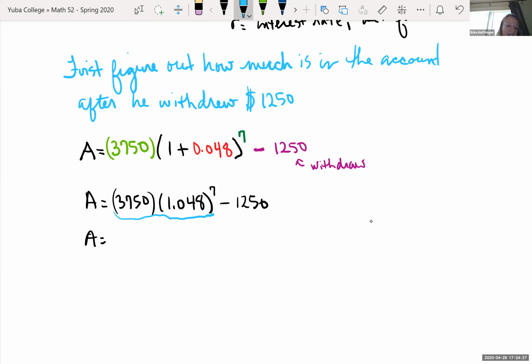After 7 years, they have $5,206.67. And then we have to subtract off the $1,250. So if you do that, this is $3,956.67.